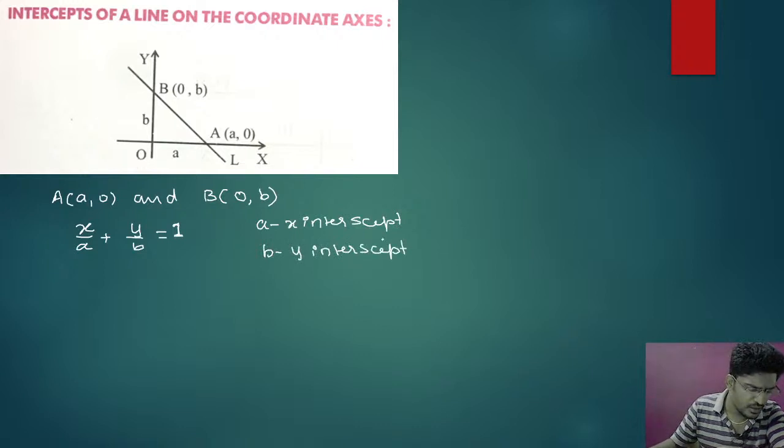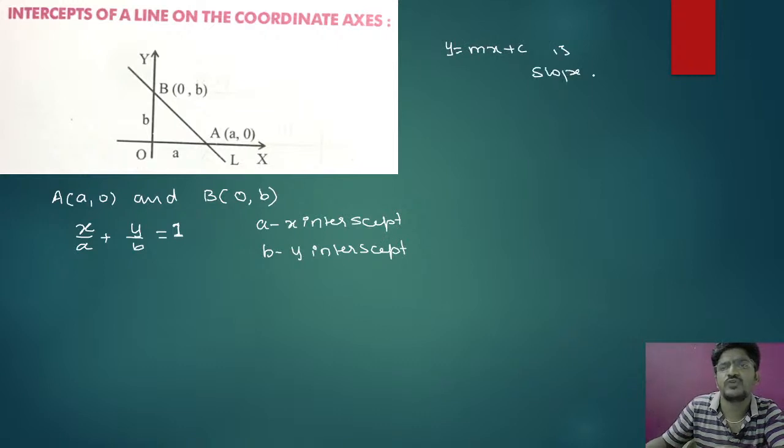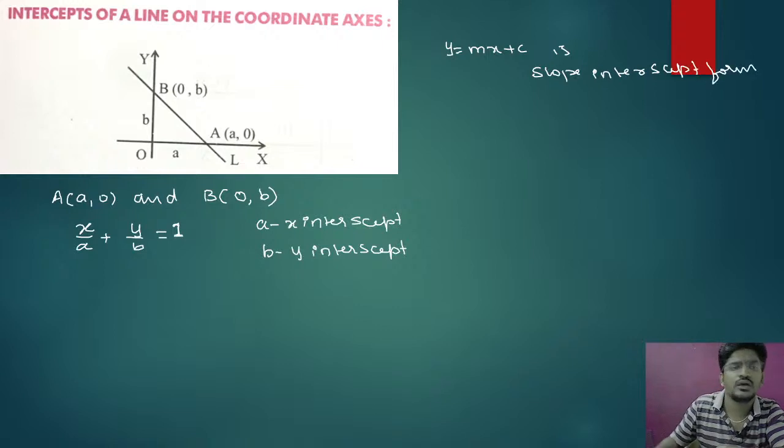Clear? That is, Chaitan, that is slope intercept form. See, y equal to mx plus c is slope intercept form. But intercept form is x by A plus y by B equal to 1.